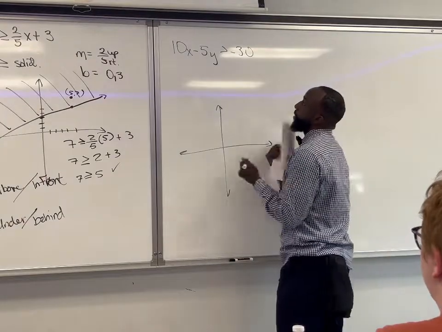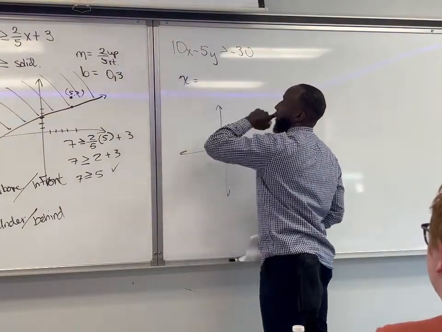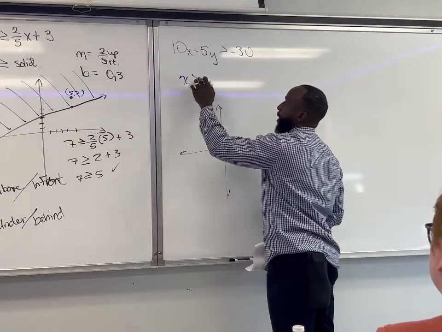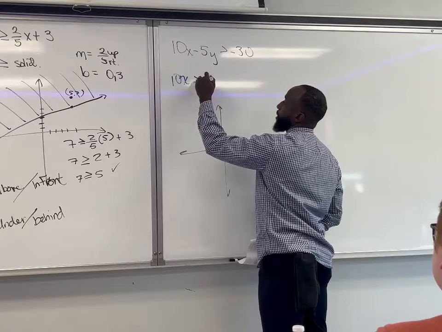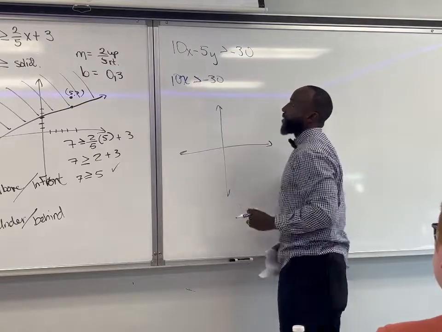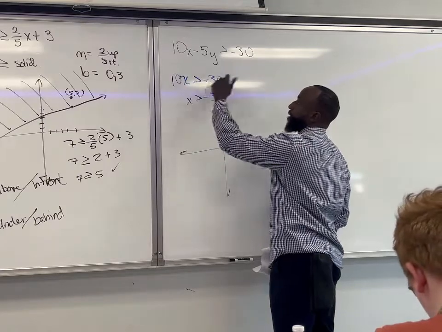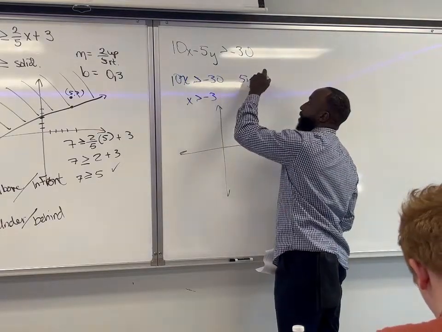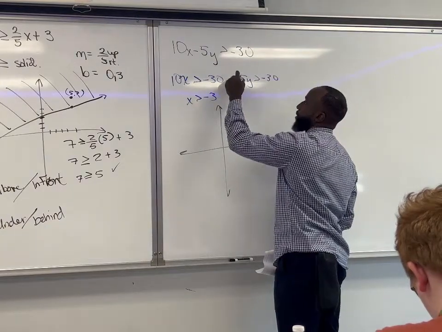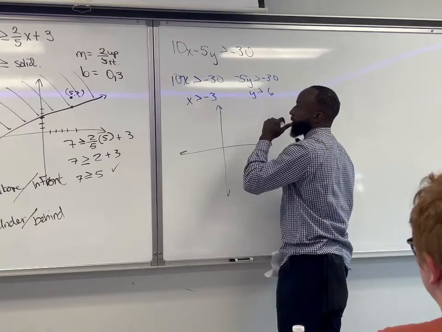So the x intercept would be what? Negative 3. So look, we'll do 10x is greater than negative 30, so then x would be negative 3 when you divide. And then for the negative 5y, we got 5y is greater than negative 30, so y is 6.